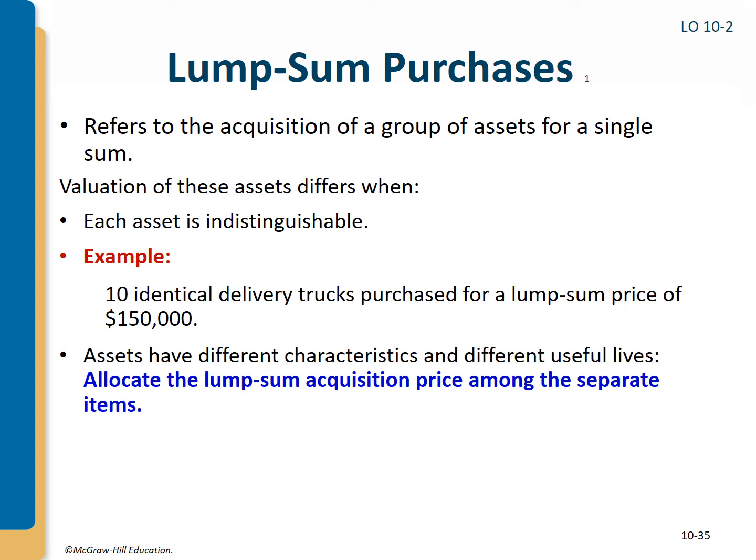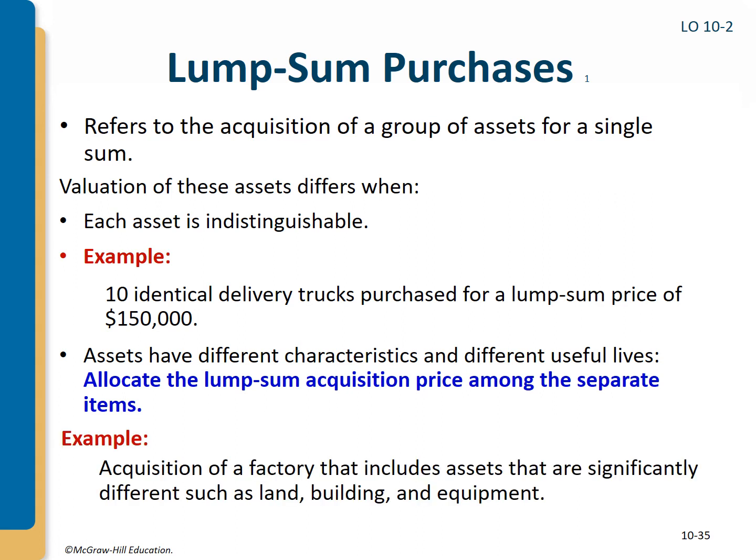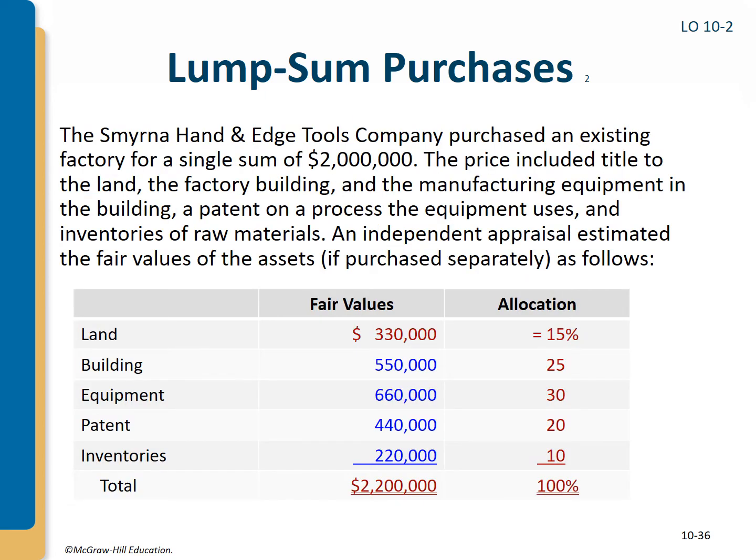Like if these were all the same delivery truck, okay, we wouldn't have to worry about it. But what if we acquire assets that are land, building, and equipment for one price? We got to separate that price out among those three assets because they're all treated differently.